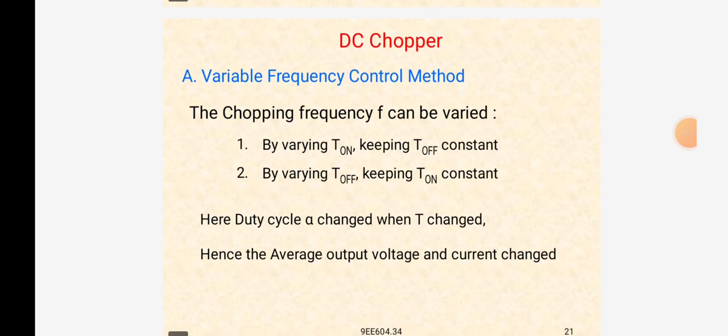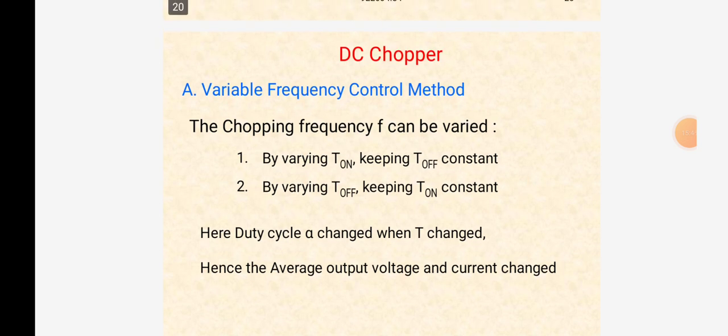In the first one, DC chopper variable frequency control method, the chopping frequency F can be varied by varying T on keeping T off constant, or by varying T off keeping T on constant. Here the duty cycle alpha changes when T changes, hence the average output voltage and current change.